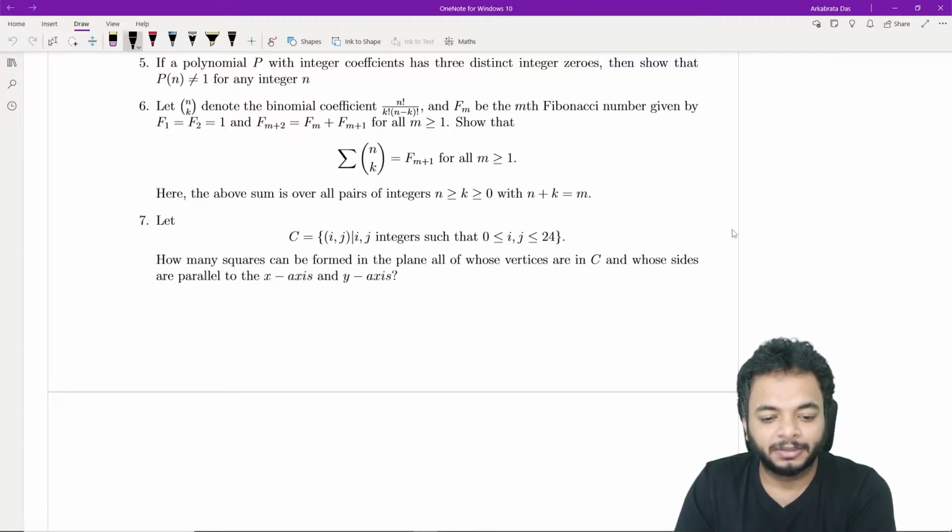So how many squares can be formed in the plane, all of whose vertices are in that set C and whose sides are parallel to the x-axis and the y-axis?